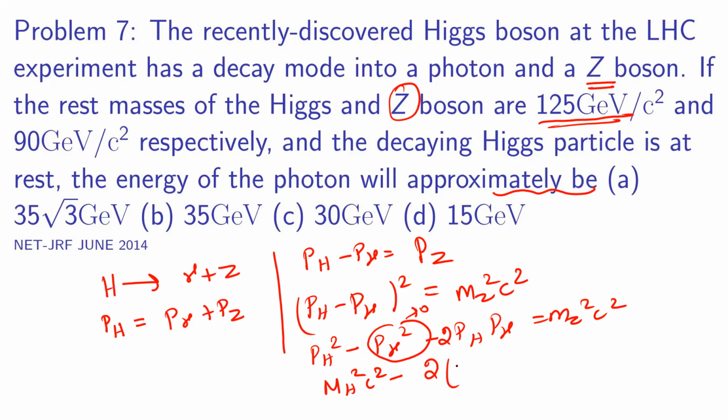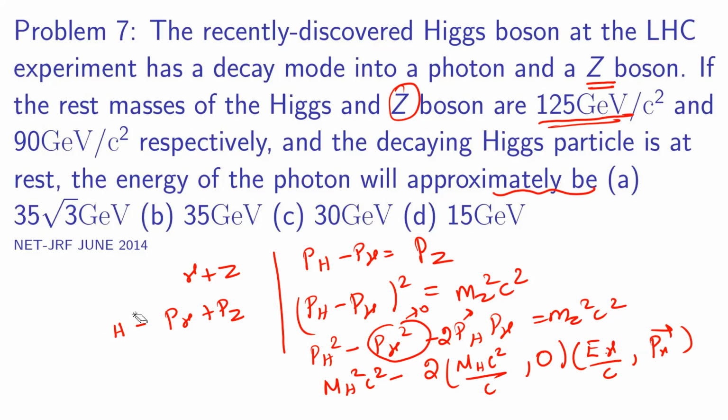What's Ph? It's mc square because initially the Higgs boson is at rest. So that's mh c square divided by c, comma 0 because it's at rest initially. All right, so Ph vector is 0 multiplied by P gamma, that is E gamma divided by c, comma P gamma vector. We don't know that. But now when you combine them, you'll see that this term will cancel off this term.